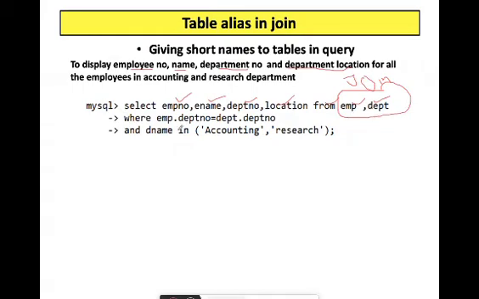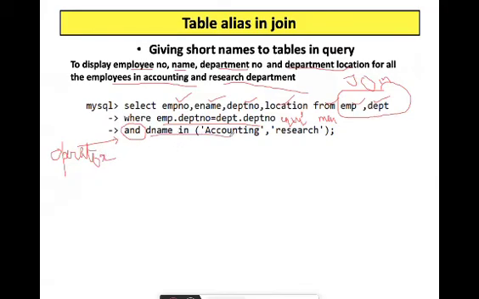Whenever data is picked from a join, this condition of equi-join is mandatory. So we have one more condition, that the employees should be in the accounting or research department. So we have put the AND operator. In case you have an extra condition other than equi-join, you will use the AND operator to join multiple conditions.